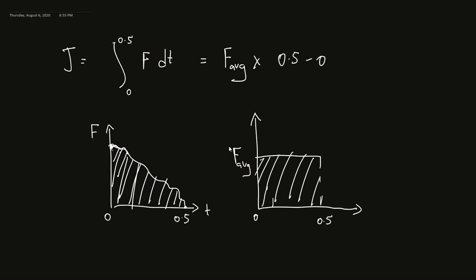Well, 0.5 minus 0, which is 0.5, right? So what's F average then? We have F average equal to the integration of F dt by 0.5, right?